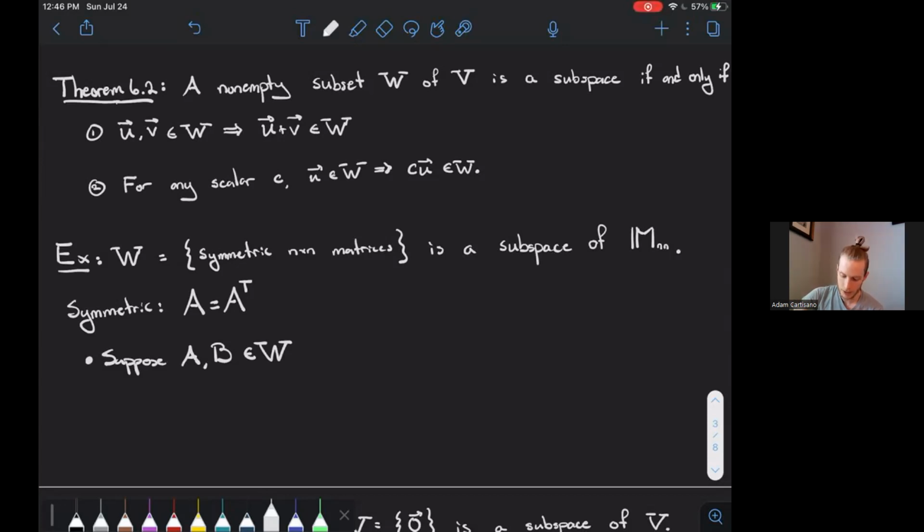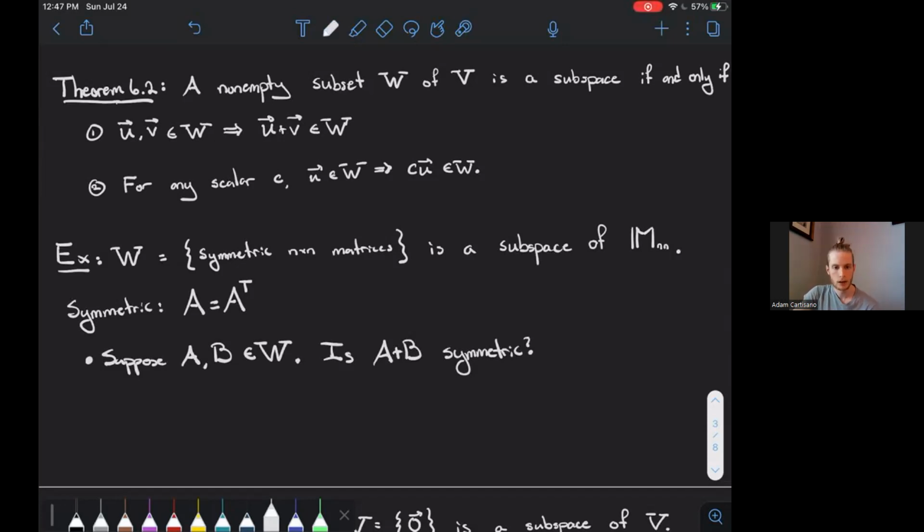So the question is, is A plus B symmetric?